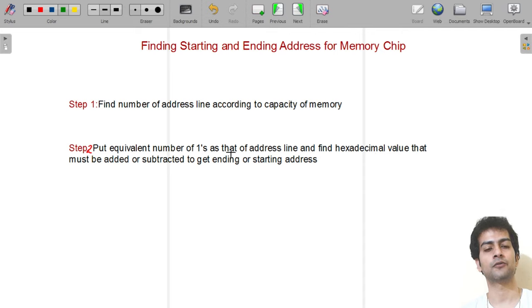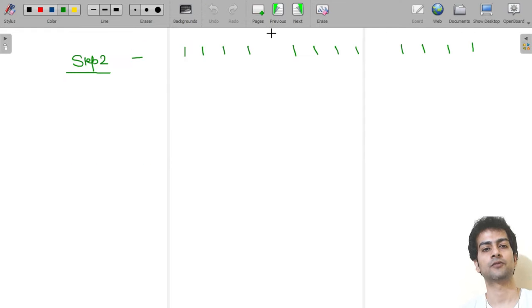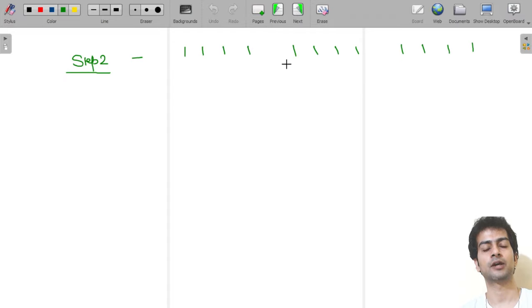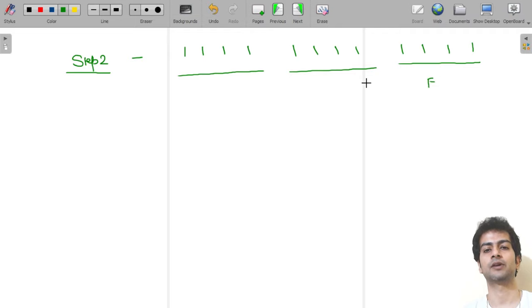Here n is equal to 12, so we represent it with 12 ones. Now we have to convert it into hexadecimal. So what will we get? We will get FFF. We have converted it into hexadecimal.